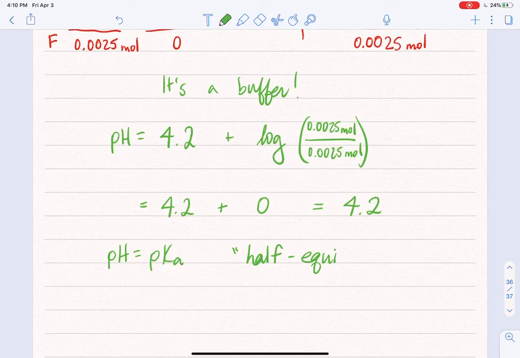What that means is that we are halfway to the equivalence point volume-wise. We have added half of the number of moles of hydroxide that we need to get to equivalence. So whenever we're halfway to the equivalence point, the pH is going to be equal to the pKa of the acid.